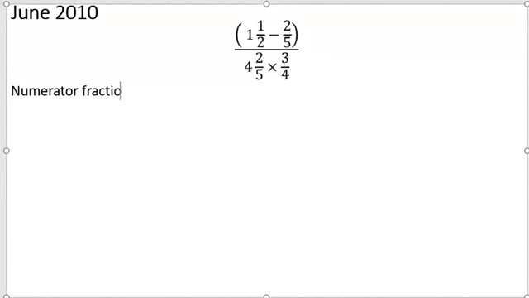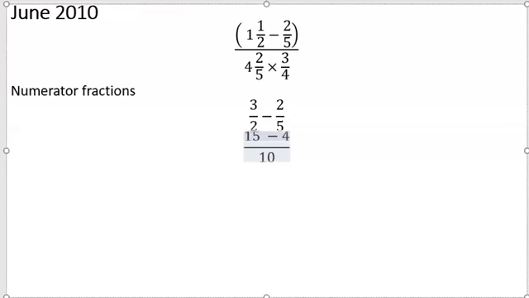Numerator fractions. So what I'll have is 2 plus 1, 3 over 2 minus 2 over 5. And now we can look for the LCM, and our LCM is 10. So what we will have is 2 into 10 goes 5 times, 5 times 3 is 15, minus 5 into 10 goes 2 times, 2 2s 4.